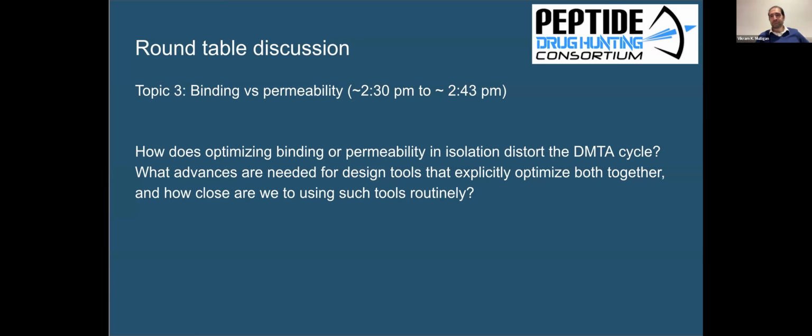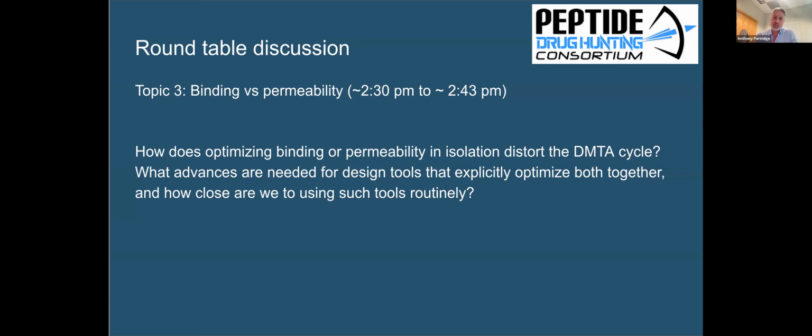Right. Great. I think we probably have time for one more question, and here's one that really stuck out to me. We talked about the permeability challenge and trying to satisfy both binding and permeability at the same time.